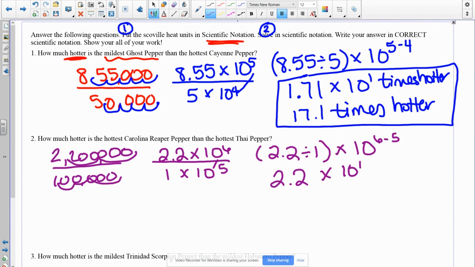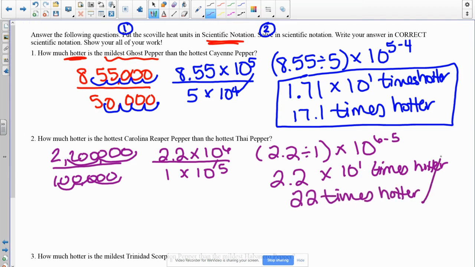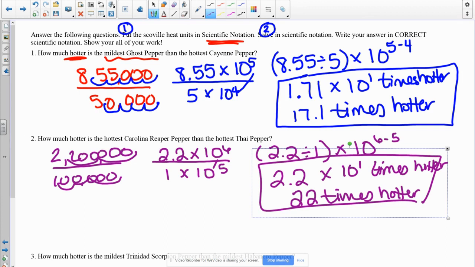So I can say it's 2.2 times 10 to the first power times hotter. Or I can actually multiply that out so it makes more sense. So I multiply it times 10 once. 2.2 times 10 is 22 times hotter. Both of those could be your answer.